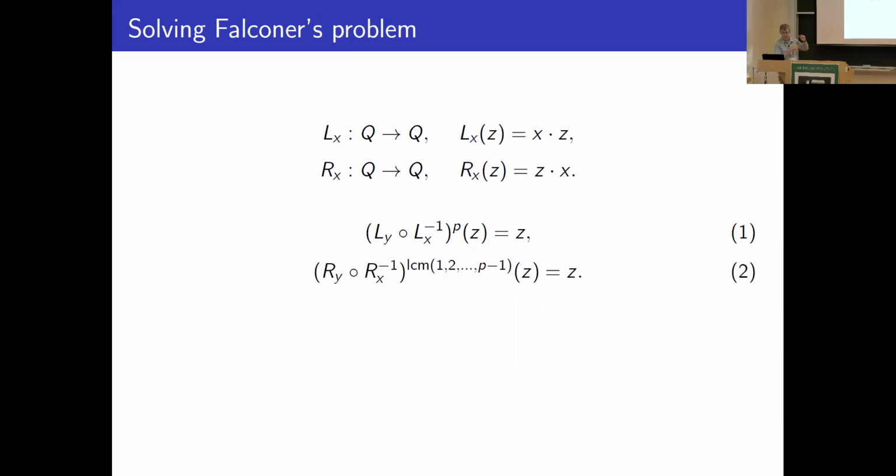So the row cycles in our Latin square correspond to the cycles of this permutation Ly composed with Lx inverse. And likewise, the column cycles correspond to Ry composed with Rx inverse. Now, if I insist that the pth power of all of the row cycles is the identity permutation, that's saying all of my row cycles had to have length p.